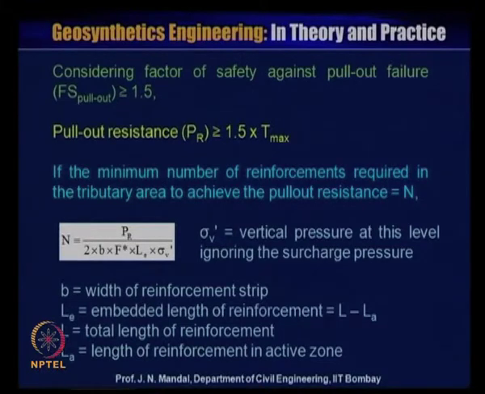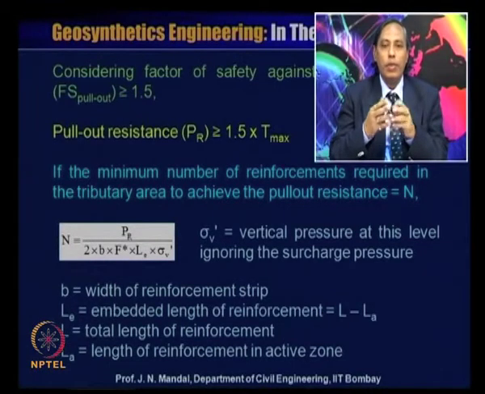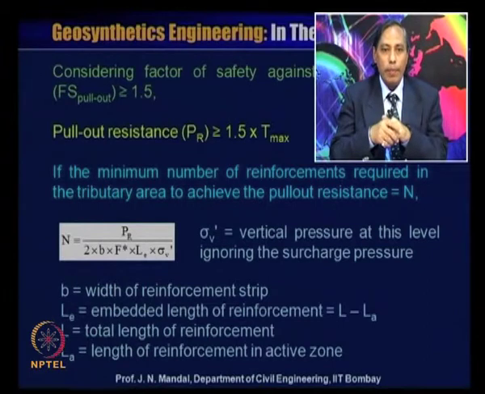If the minimum number of reinforcements required in the tributary area to achieve the pull out resistance is N, then N will be equal to PR divided by 2 into B into F star into LE into sigma V dash.